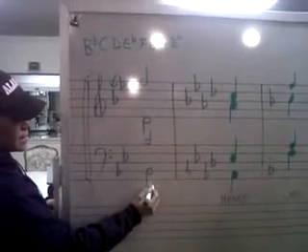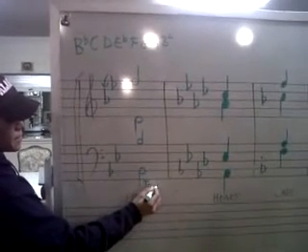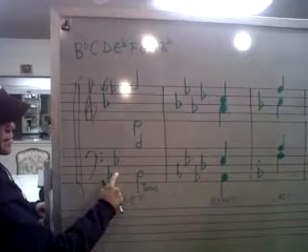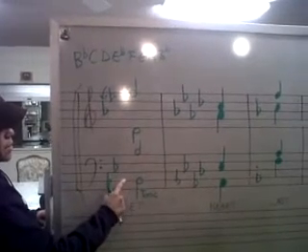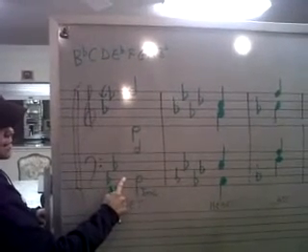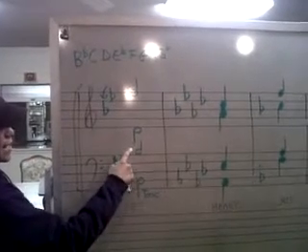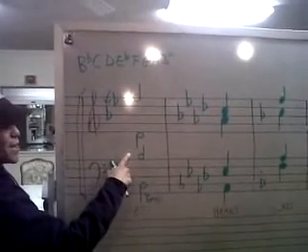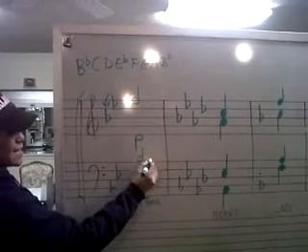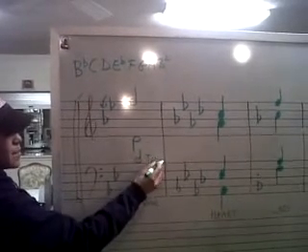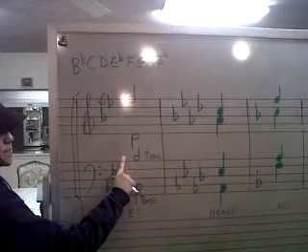So the bass is going to sing the tonic. And then if we go up from B flat, 1, 2, 3, 4, 5, 6, 7, 8. Look at that. The baritone is also singing the tonic, but an octave up.